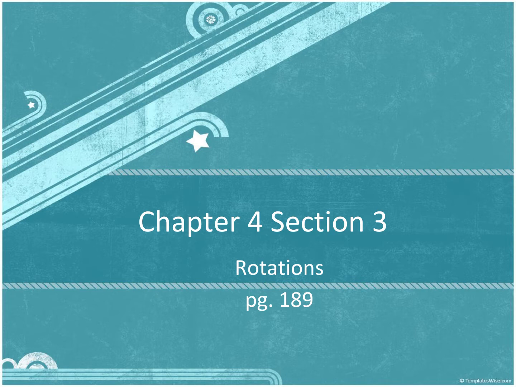If I start at 12 o'clock and I rotate to 3 o'clock, how many degrees? 90. If I start at 12 and rotate to 6, 180. If I start at 12 and rotate to 9, that's 270. If I start at 12 and rotate all the way around, I'm back to 360.